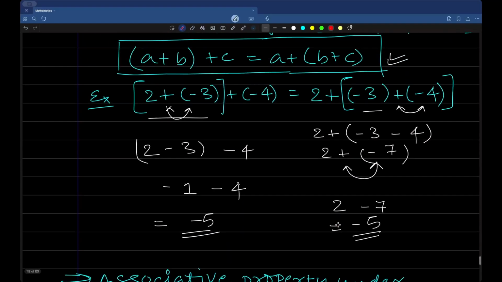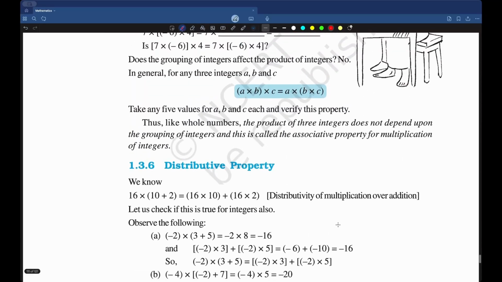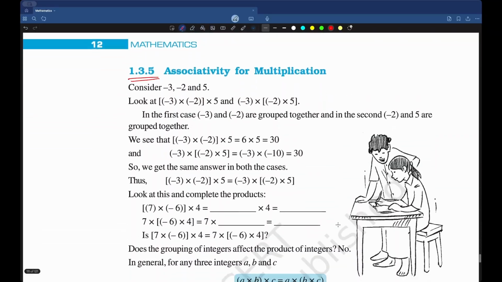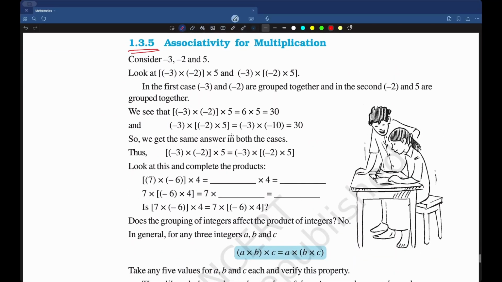Now let's check the theory. They have taken one example, that is a equals minus 3, b equals minus 2, c equals 5. They have checked the LHS, that is minus into minus is plus, 3 into 2 is 6, we have 6 into 5 equals 30.